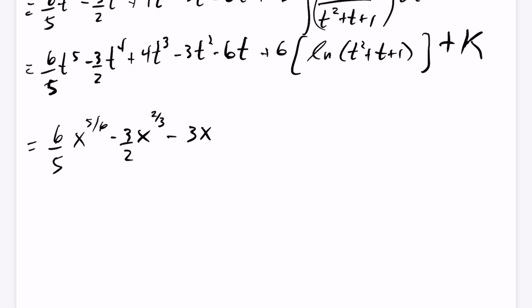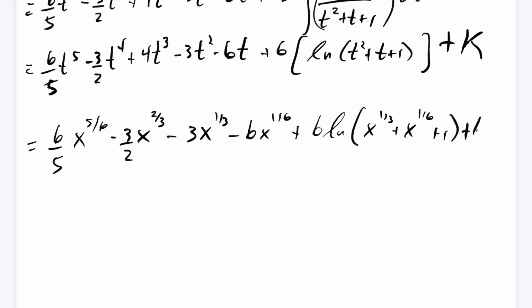This will be x to the power of 6, this will be to the 3rd, minus 6 x to the power of 6, plus 6 ln of x to the 3rd plus x to the 6 plus 1 plus k.